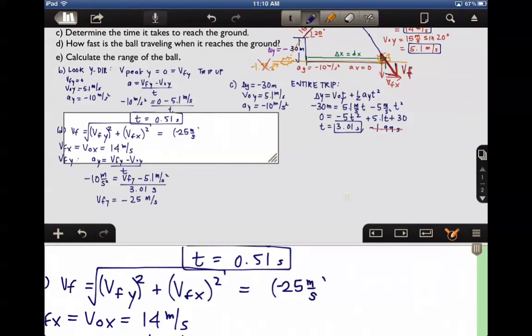Negative, squared, plus 5.1 meters per second, squared. And I can figure that out.